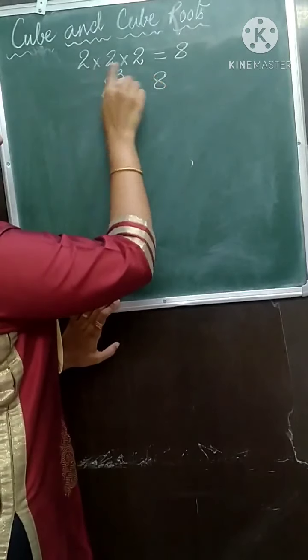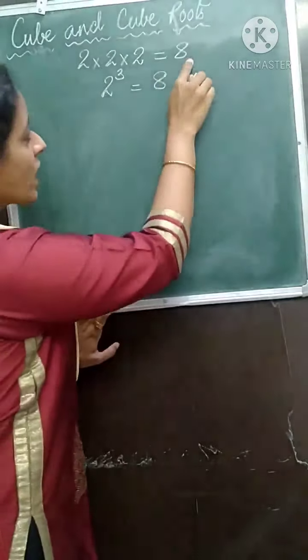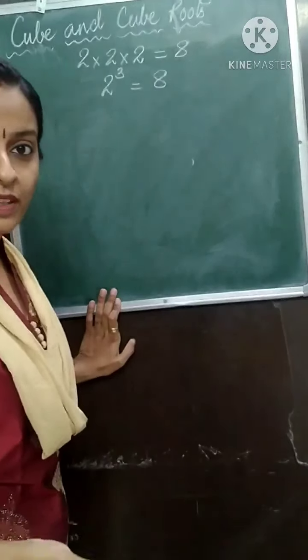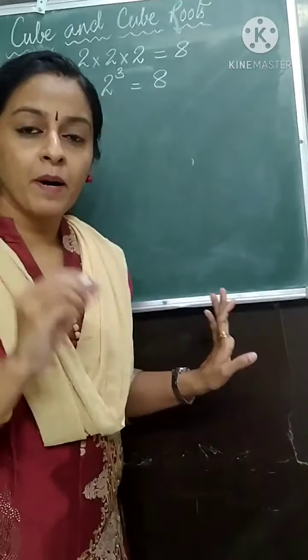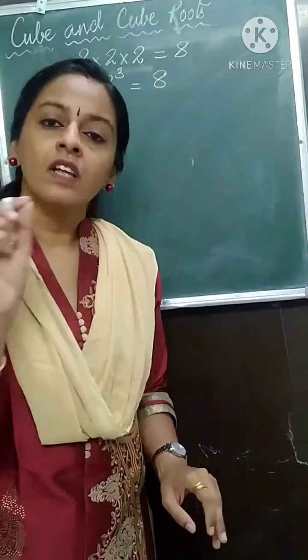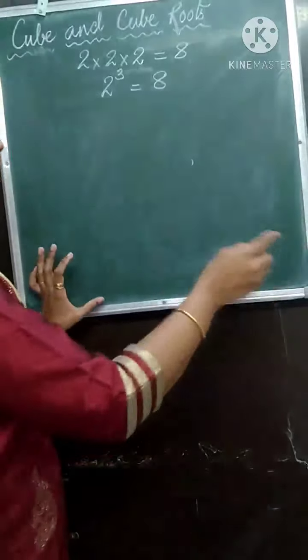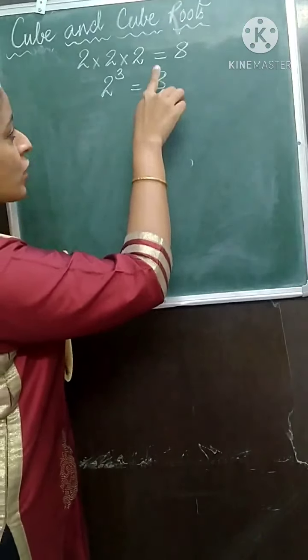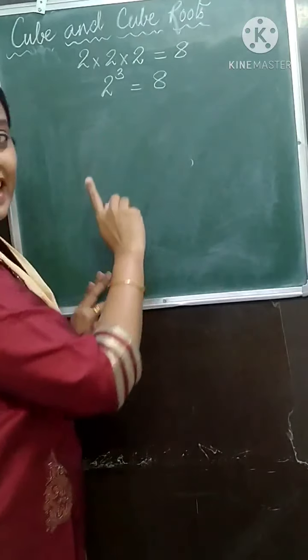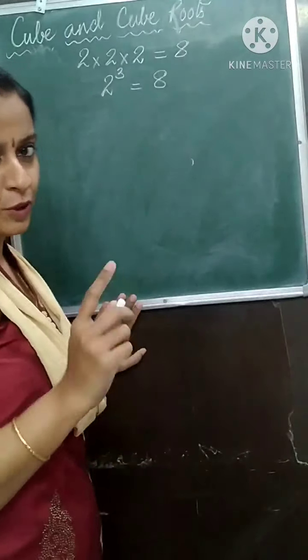When you multiply a number 3 times, the product is called cube. You have to write it. A number multiplied 3 times, the product obtained is called the cube of the number. Means 8 is called the cube of 2.